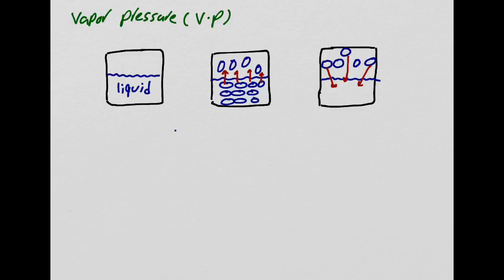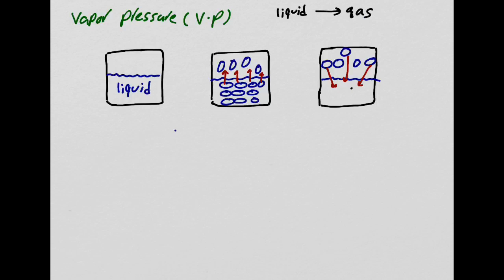Alright, so here's the graph. Let me talk about vapor pressure. First of all, what is vaporization? Vaporization is when liquid turns into what? Turns into gas. That's vaporization, right?